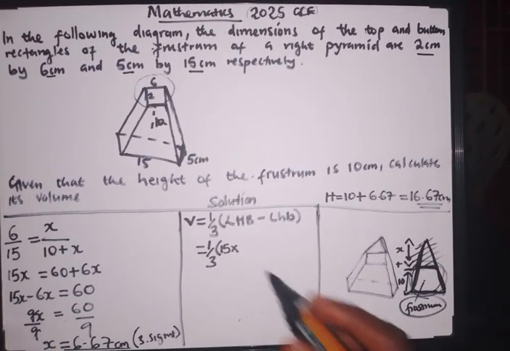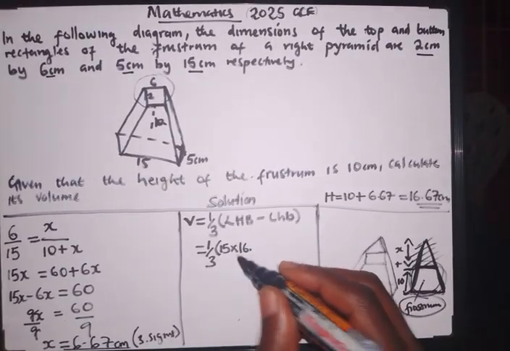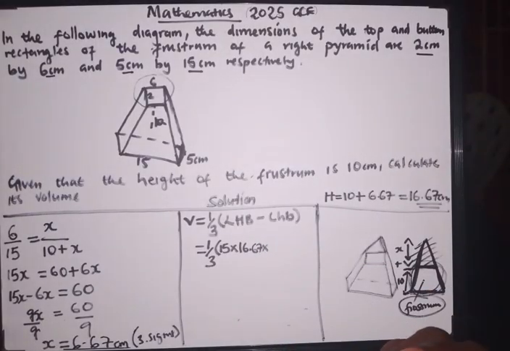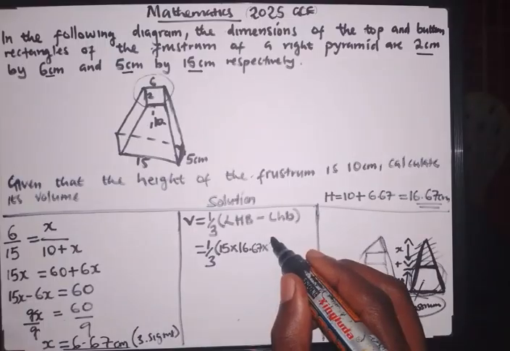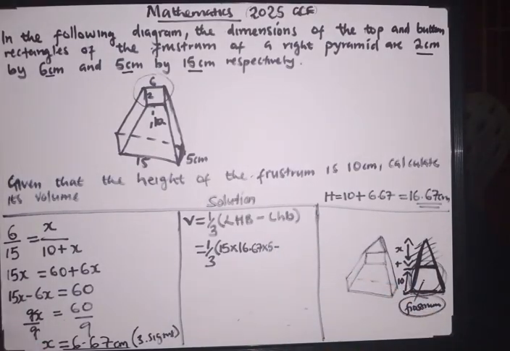So we can write it here as height, 16.67, multiplied by our breadth, which is 5. Then this you subtract with the length, the height, and the breadth of the smaller rectangle.